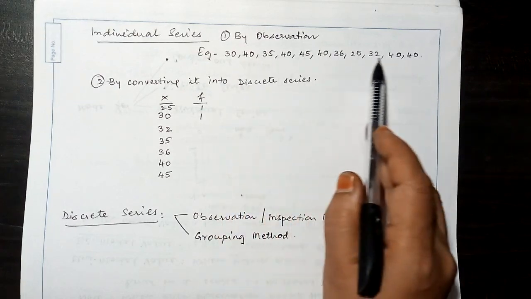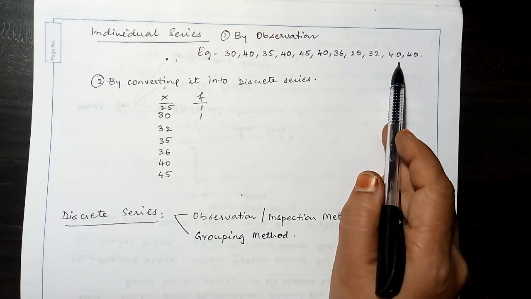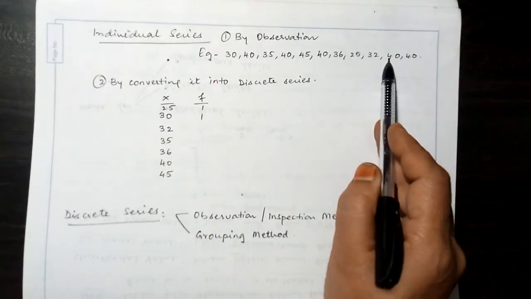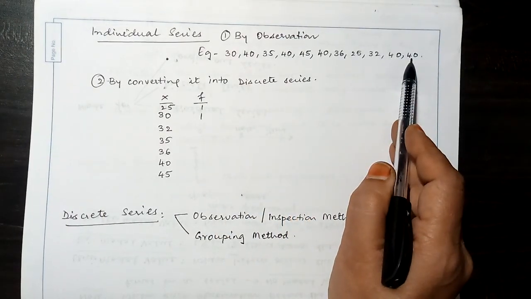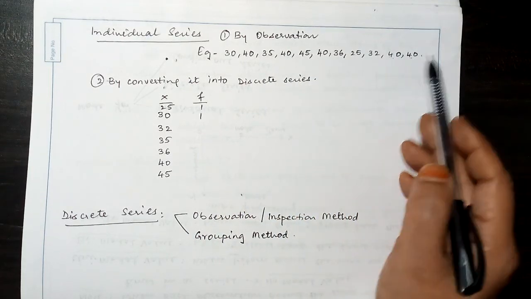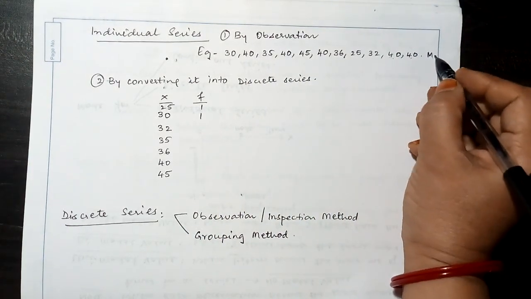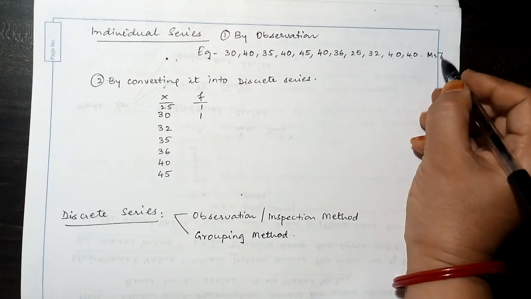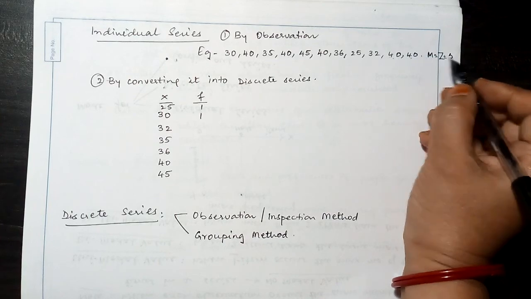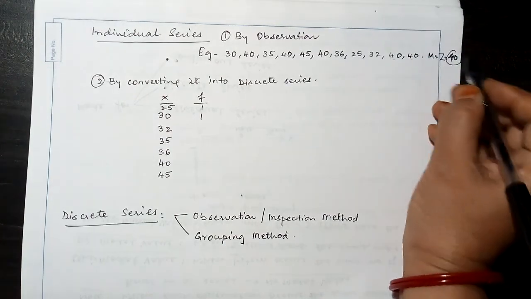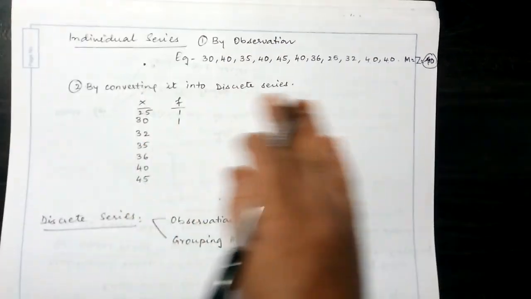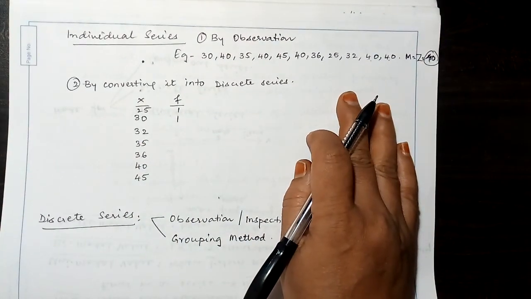So this obviously tells us which is the most frequently occurring observation: 40. So 1, 2, 3, 4, 5 times it occurs, more than any other number. So 40 is our mode. Mode is represented by the letter Z, which is equal to 40 here because it is occurring 5 times, which is the most number of times when compared to the other observations.